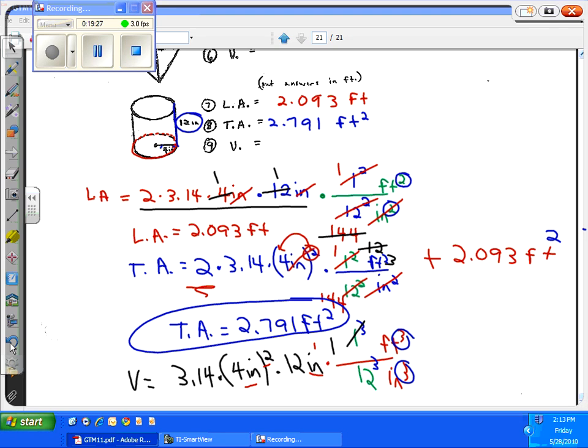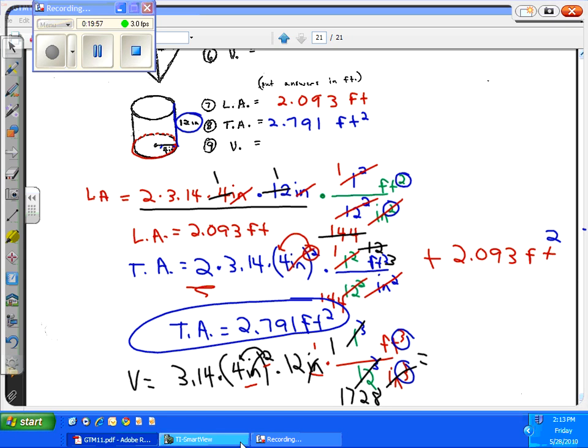1 cubed is 1. 12 cubed is 12 times 12 times 12, which is 1,728. Now we're losing those square inches and inches, but that square also hit that 4. So don't forget it's a 4 squared. So we're going to have 3.14 times 4 squared times 12 divided by 1728 cubic feet.